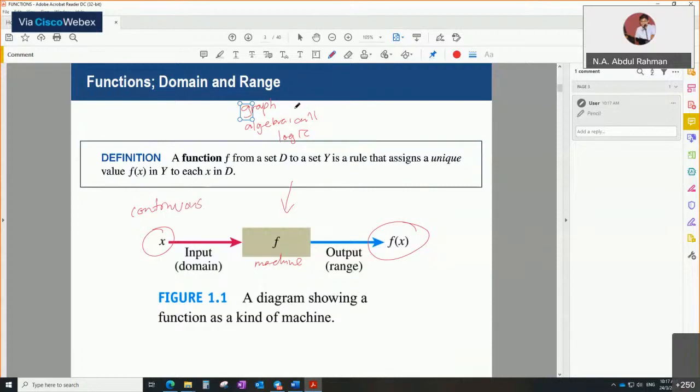So the concept of graph and algebra have been discussed a lot by Newton and Leibniz. We don't know who was the first one to invent calculus. If you try to read it on Google, some will say Newton, some will say Leibniz, but the consensus, ijma, or most of the mathematicians, jumhur mathematicians, agreed that they both founded calculus on their own, separately, even though they were living in the same years.